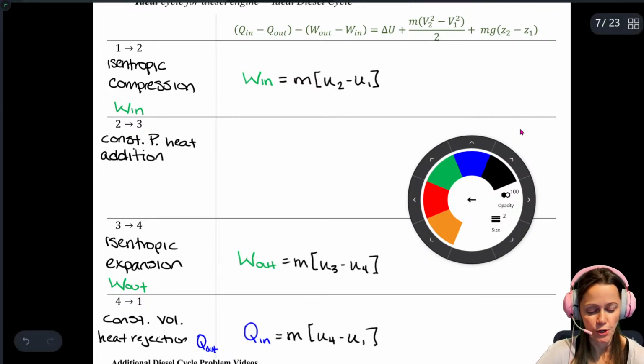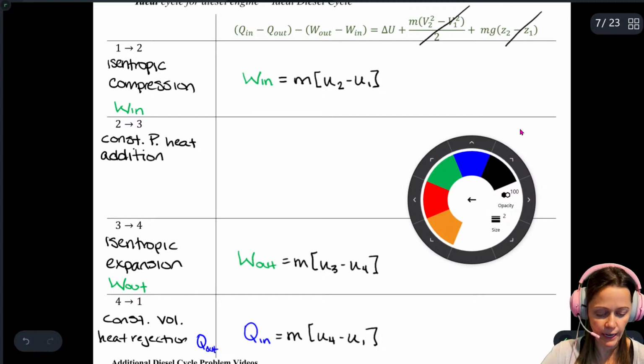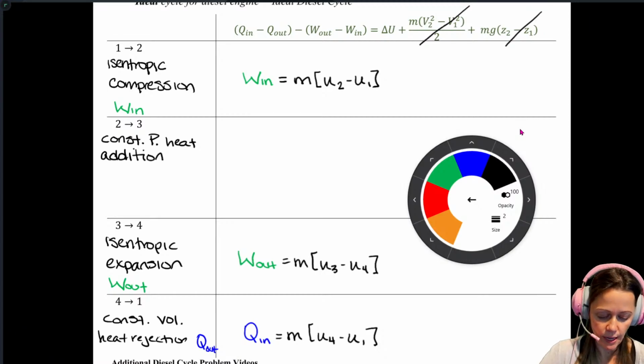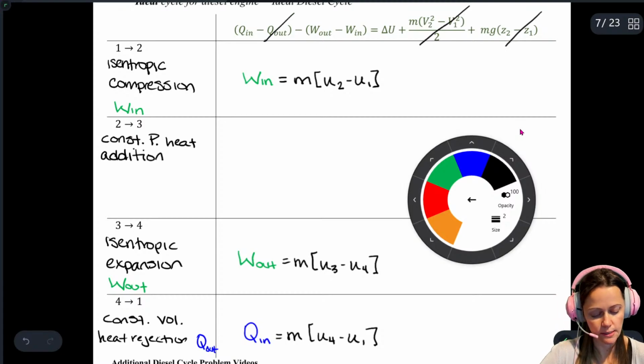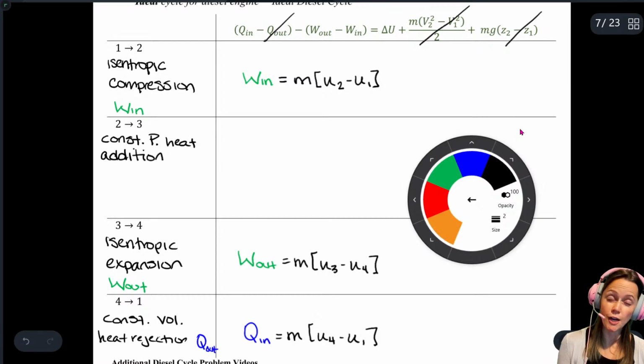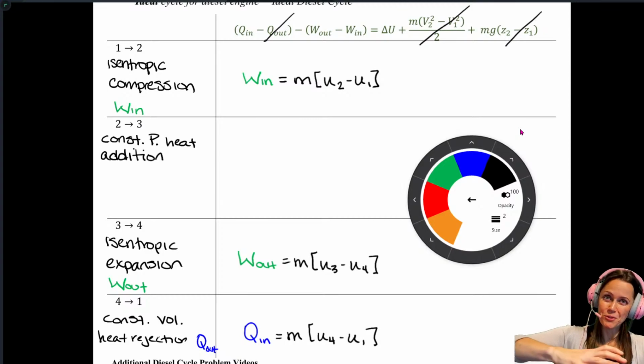Okay, so if I apply my first law, and I'm assuming that kinetic and potential energy changes are negligible, it's a heat addition process, not a heat rejection process. And then I've got this constant pressure process, so it's not constant volume, so my work is not equal to 0. As I add heat, things are going to expand, right?